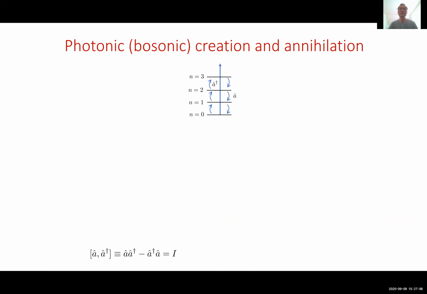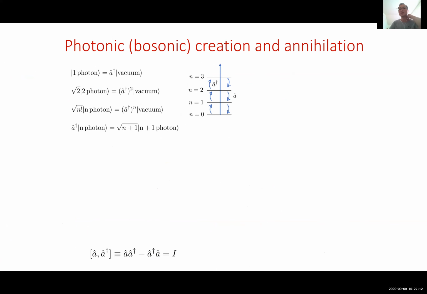Let me talk a little bit about the creation and annihilation operators. If you have taken quantum physics, you probably know this, but let me just refresh you. If you start with the vacuum and apply the raising operator, you get 1 photon. If you do it again, you get 2 photons, but the coefficient is square root of 2.